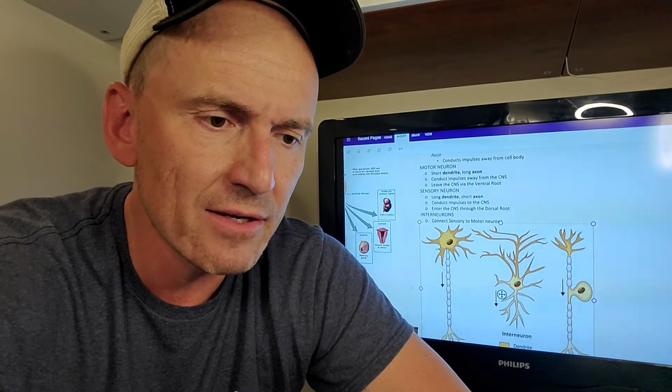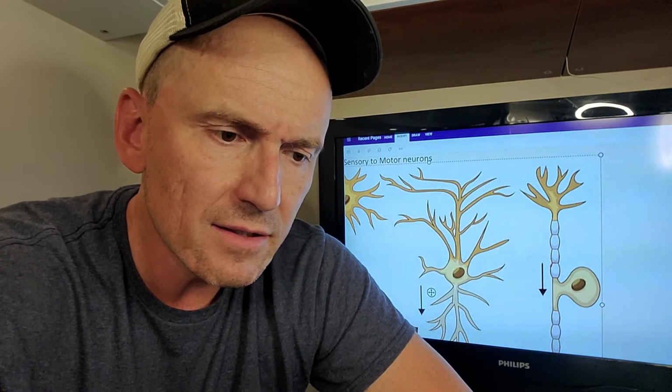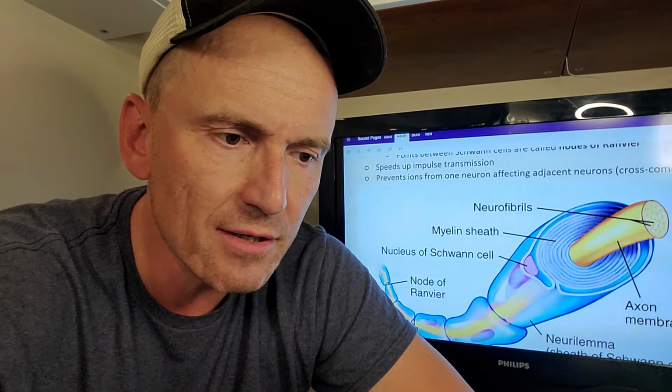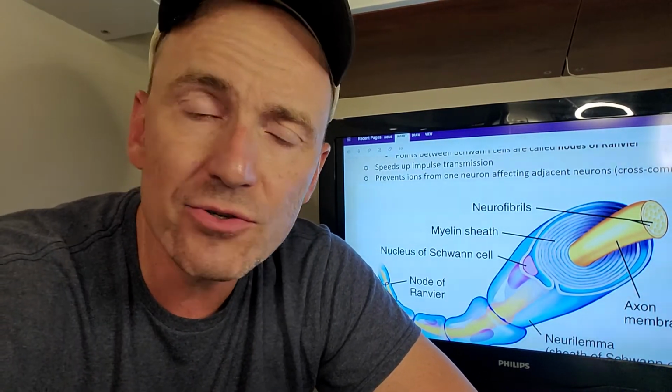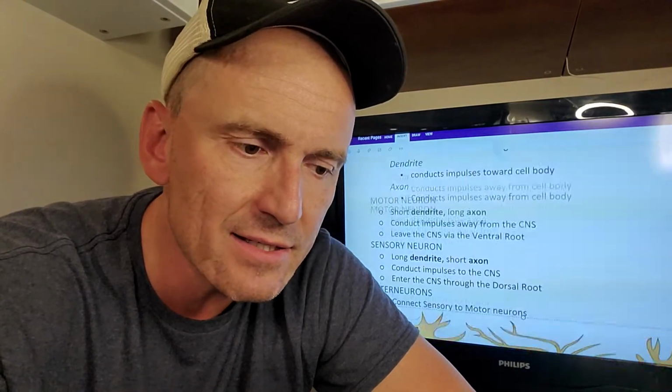Some anatomy of these neurons. So that was some good anatomy. And then you can see, look, see these little things here? These are called myelin sheaths. Basically, myelin sheaths are these fatty cells wrapped around the neuron, called Schwann cells. Because all of these are lumped together, really close together in here, the myelin prevents crossover.